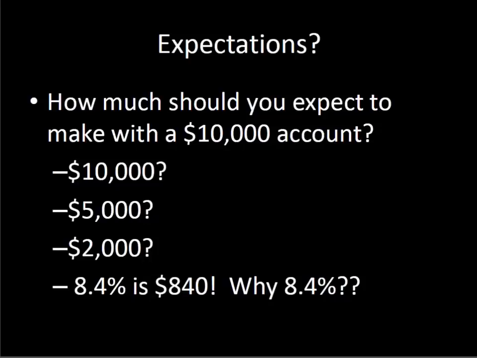If you get 1% at the bank, you're doing very well. With futures right now, if you have a $10,000 account, a lot of people say, oh, I want to make $10,000 on 10,000, or I want to make 5,000, or even 2,000, which is 20%. But actually, 8.4% is really your expectation. That's $840. That's all there is.